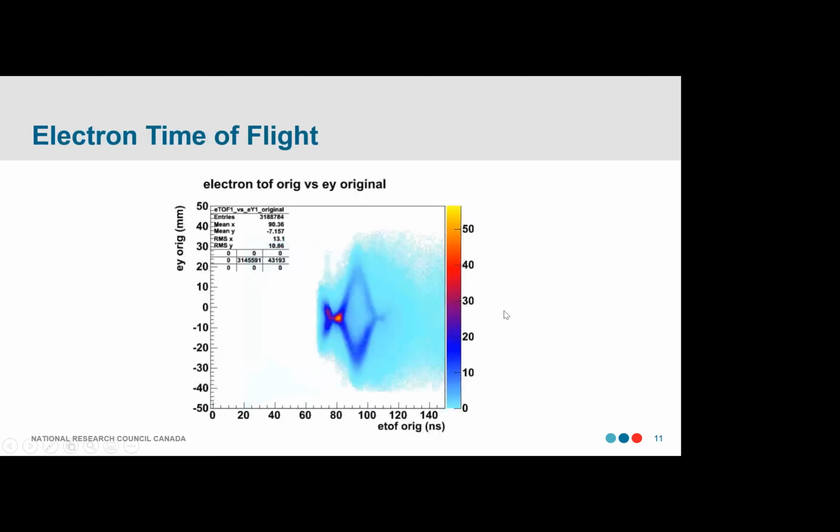Moving on, we can look at the electron time of flight, and this is what the electron time of flight looks like against the y direction, and we see in this case a very important feature, the rotation of the electrons in the magnetic field.